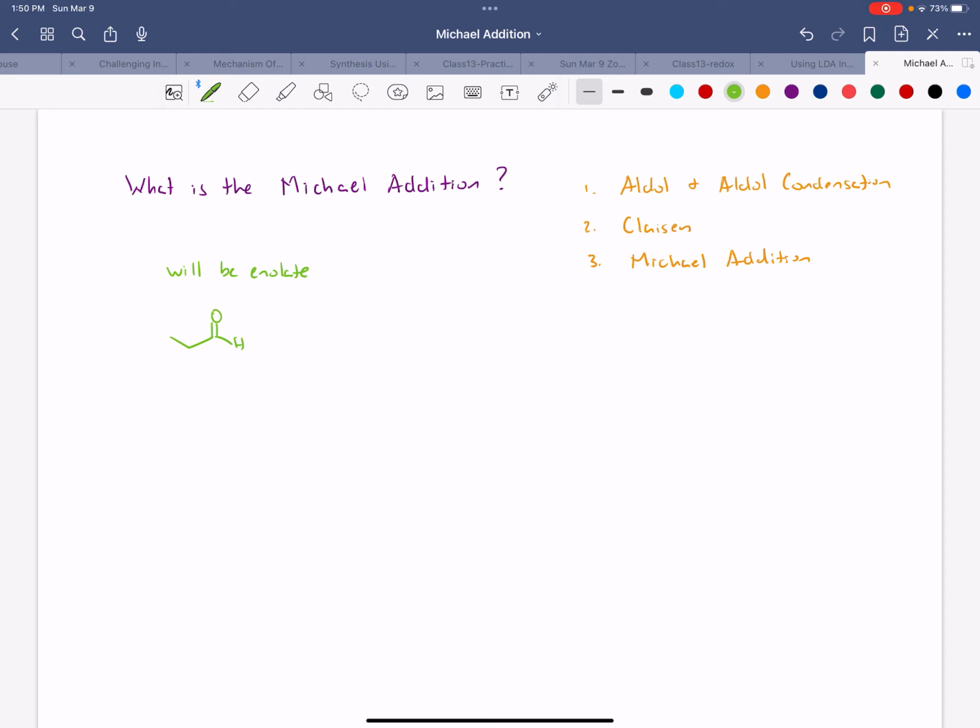But don't forget, you could also have diesters or diketones. So here, let me draw your diester. Right, how do you form the enolate? You deprotonate the alpha carbon. So both of these have a very good alpha carbon, an alpha carbon where you could strip off the hydrogen.